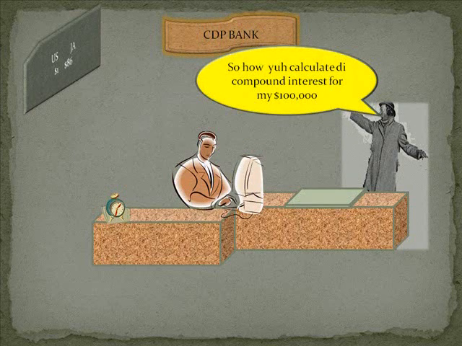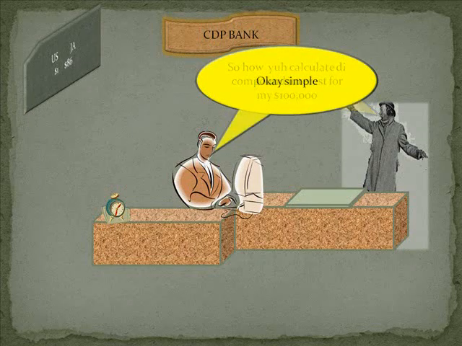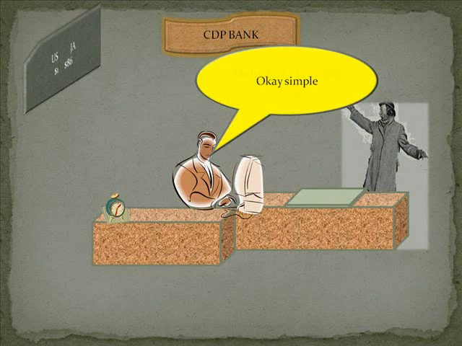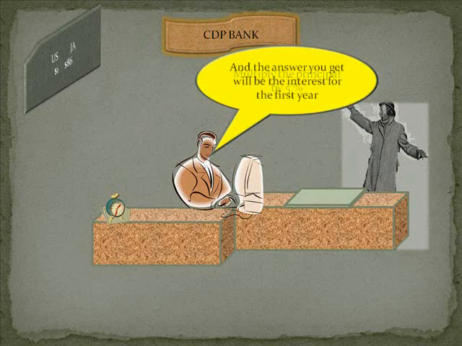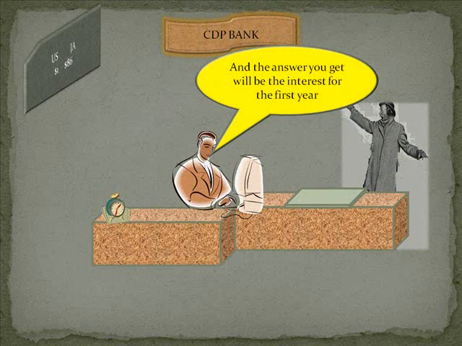So, how do you calculate the compound interest for my $100,000? Okay, simple. Multiply the principal by 5%. And the answer you get will be the interest for the first year.